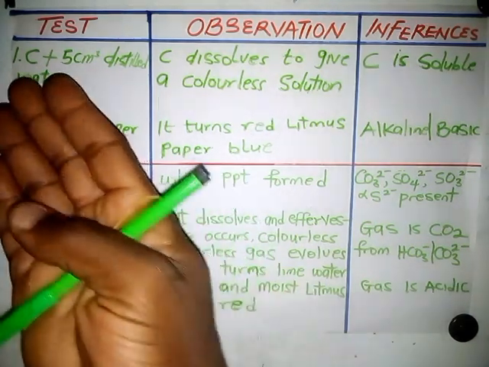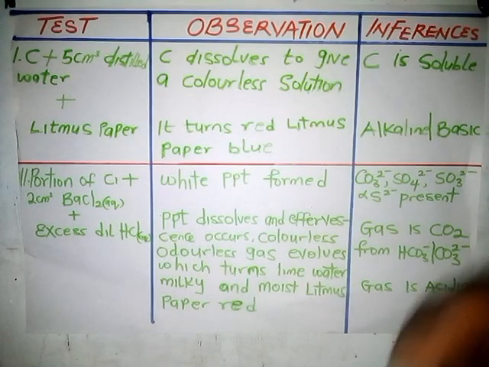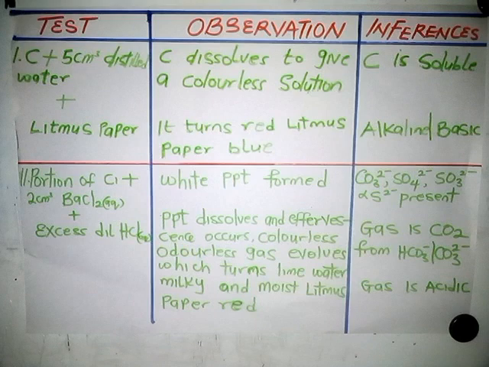So now I'm saying C, which is representing the salt, plus 5 cm³ of distilled water. When you stir, you shake, then sodium carbonate is soluble in water. So the observation here is that it is expected to dissolve to give a colorless solution. So the inference is that C is soluble.